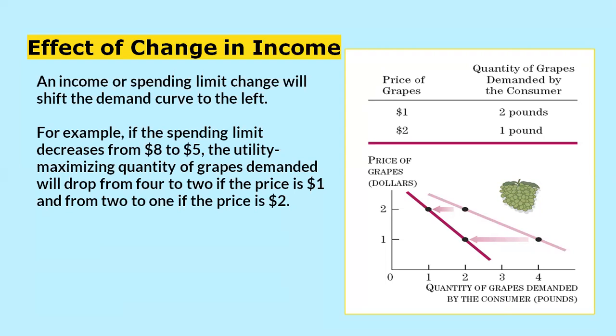For example, if the spending limit decreases from $8 to $5, the utility maximizing quantity of grapes demanded will drop from 4 to 2 if the price is $1 and from 2 to 1 if the price is $2.